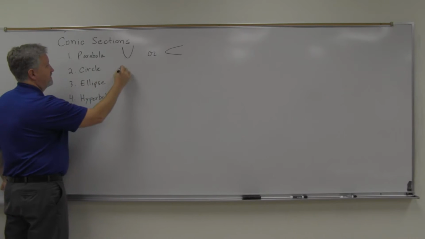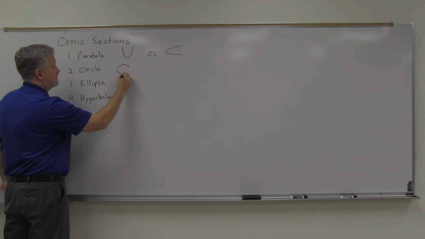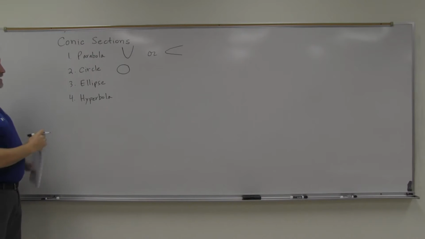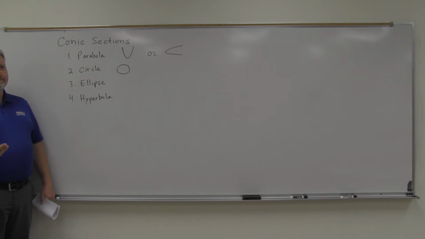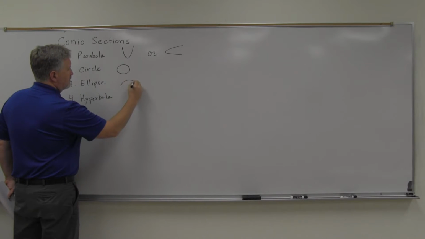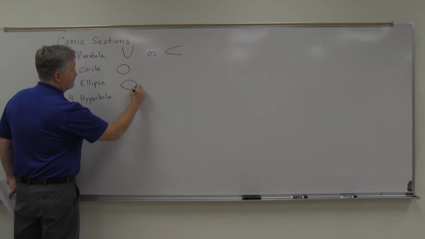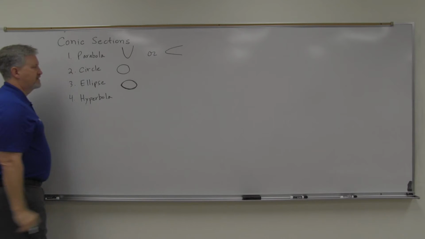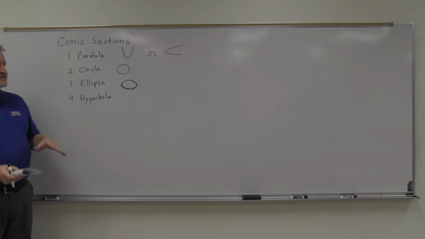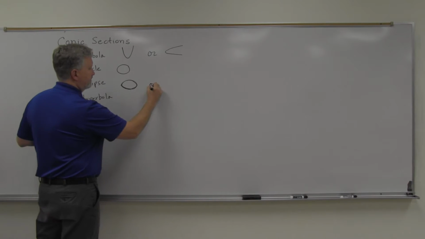Probably the most familiar with these is the circle, and we'll talk about what the equations of that looks like. Now an ellipse, it's kind of the egg shape. I guess not, an egg is not quite as symmetrical as an ellipse, but yeah, it's kind of a flattened out circle, you might say.